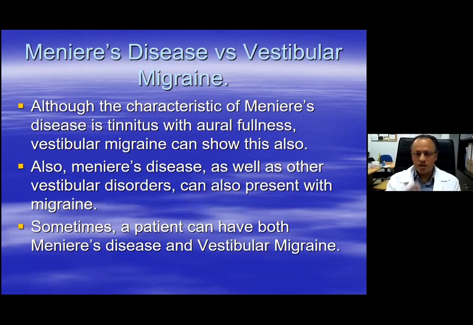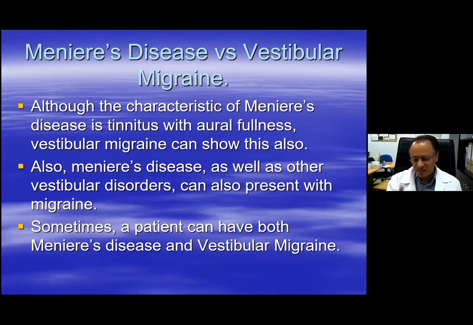Now, how do you decide between Meniere's disease and vestibular migraine? Even though I mentioned that vestibular migraine can show migraine episodes either together with the vertigo or separately as a separate migraine episode, there are cases of Meniere's disease that can show migraine as well. Also, even though Meniere's disease is characterized by tinnitus, you can have tinnitus in vestibular migraine.